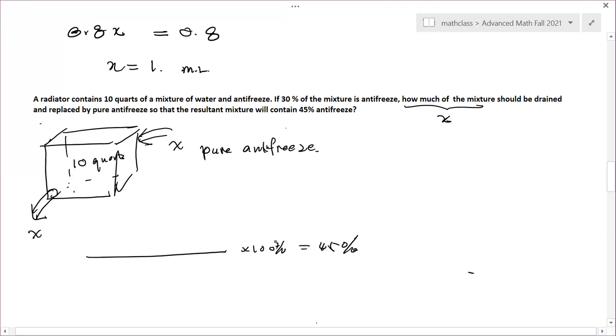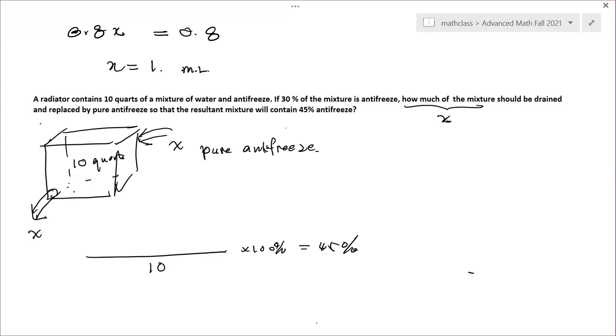The denominator is the amount of solution in the container, but that never changes. It's still 10 quarts. So the denominator is very simple here. The only thing that changes is the amount of pure antifreeze in the container.